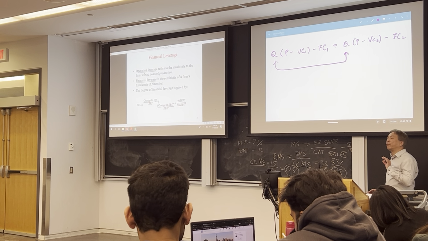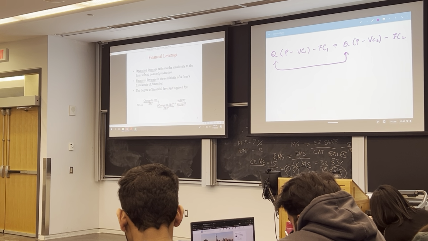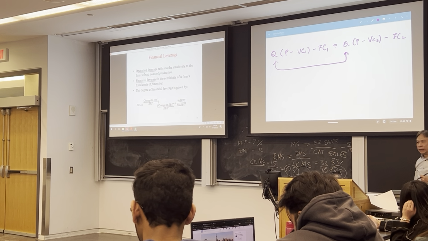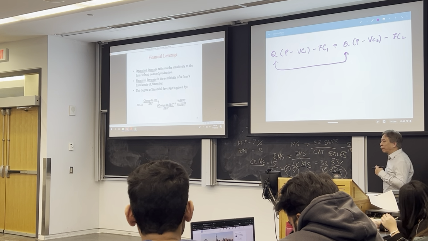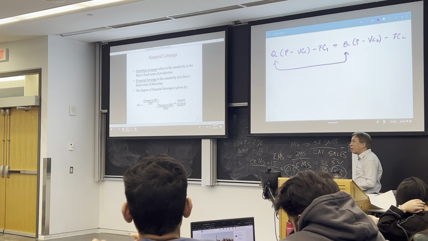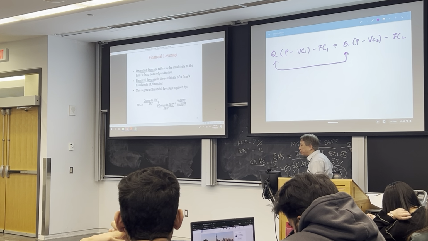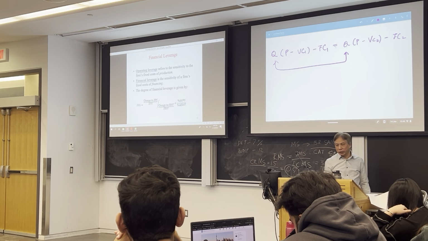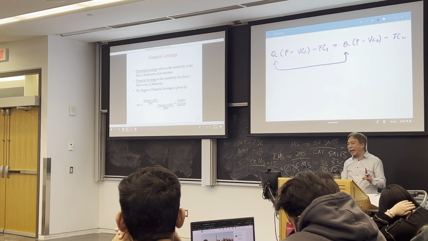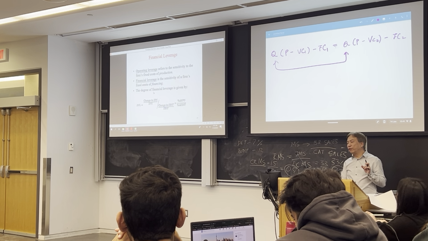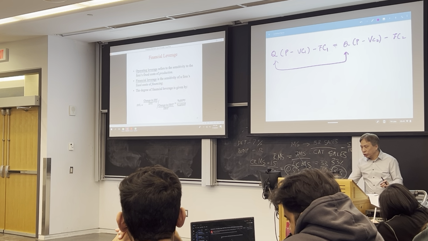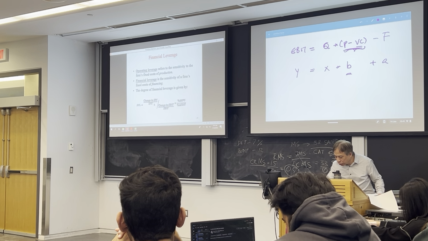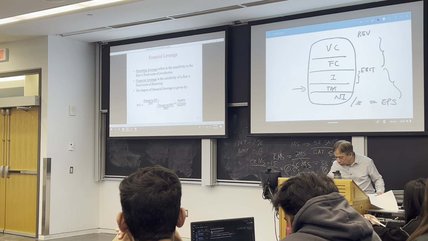Now next we look at financial leverage. I told you debt financing is a fixed cost of financing. If you borrow money, you have to pay interest no matter whether you have a positive EBIT or a negative EBIT. You still have to pay interest. So we want to calculate the degree of financial leverage. I drew the diagram somewhere here.